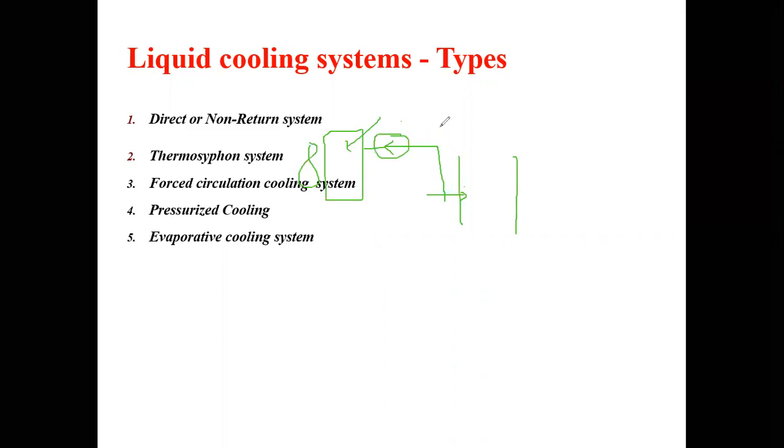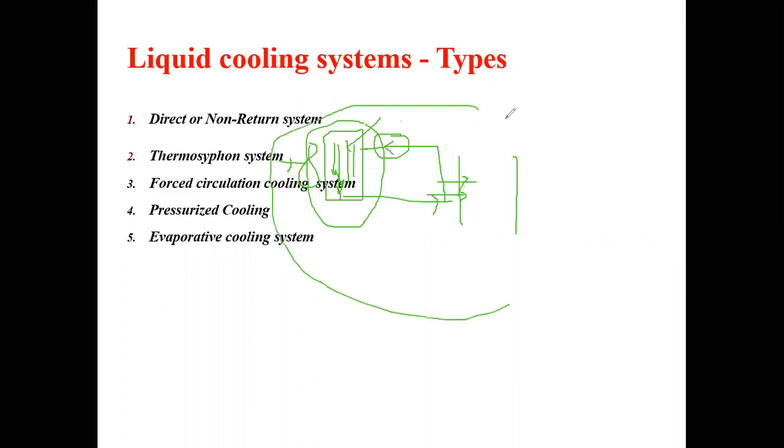This water will cool the engine cylinder, but another medium is needed, that is air, in order to cool the water also. So in the radiator, with the help of flowing air we cool the hot water and decrease its temperature, and that water is circulated back to the engine cylinder, or engine jacket. So this is basically the working principle of a liquid cooling system.